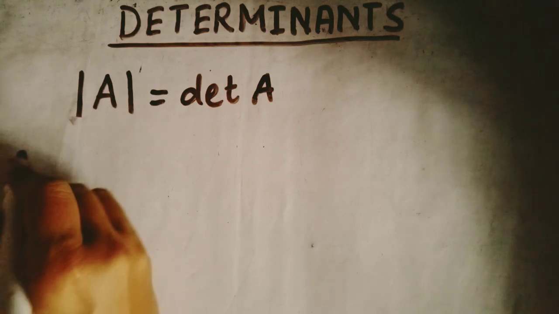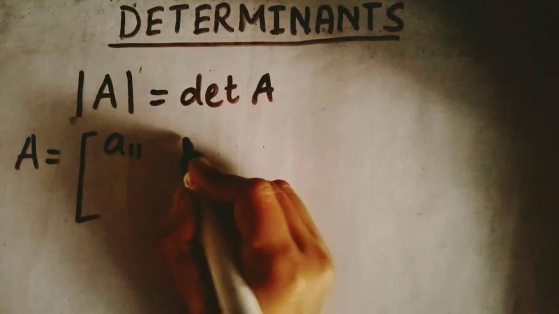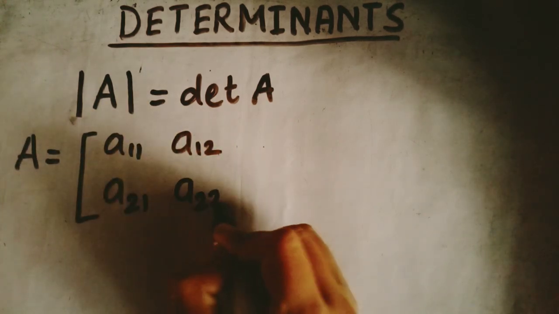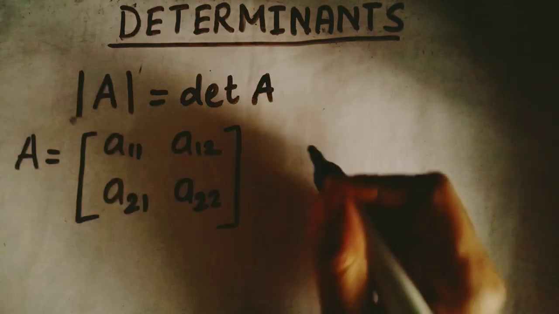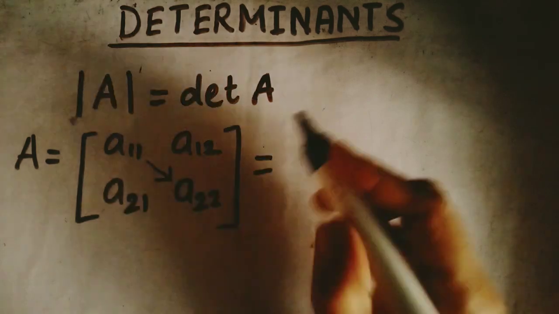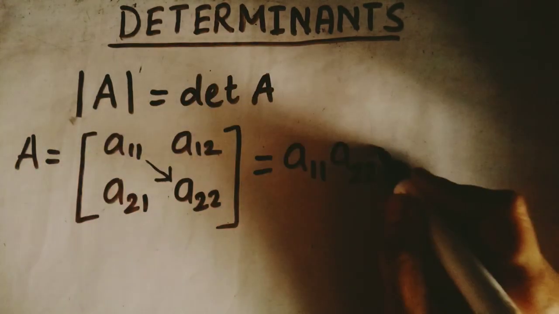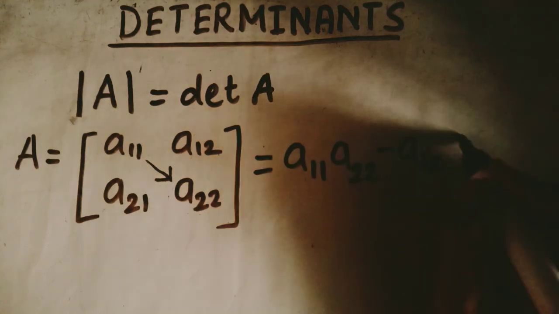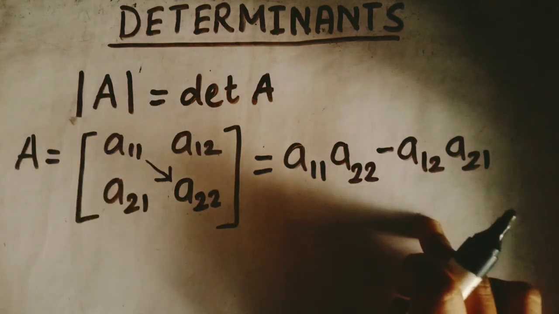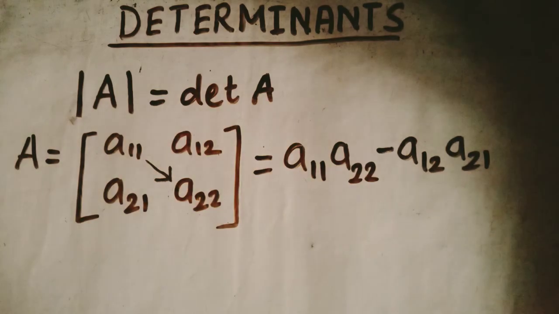So if you have a matrix A11, A12, A21, A22, this is a 2 by 2 matrix, then the determinant is given by multiplying A11 by A22, minus A12 into A21. So this is your determinant.